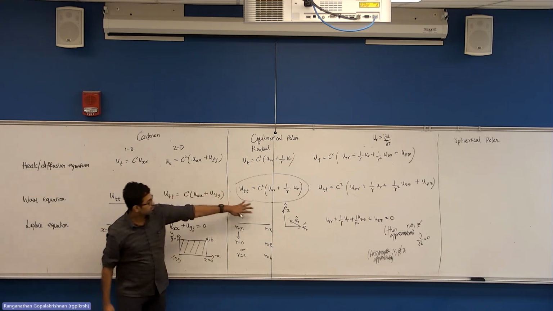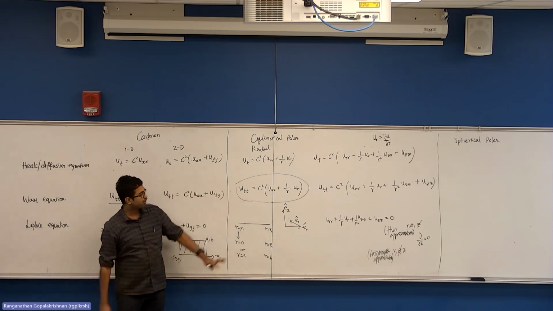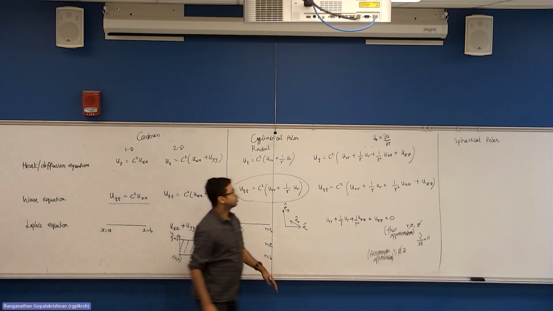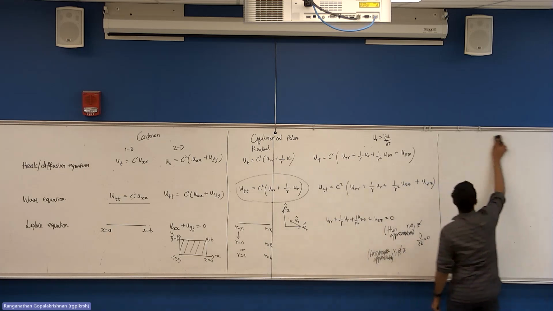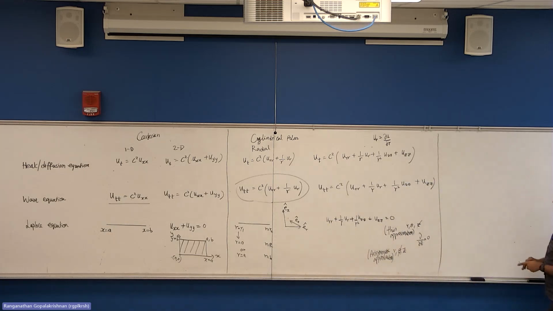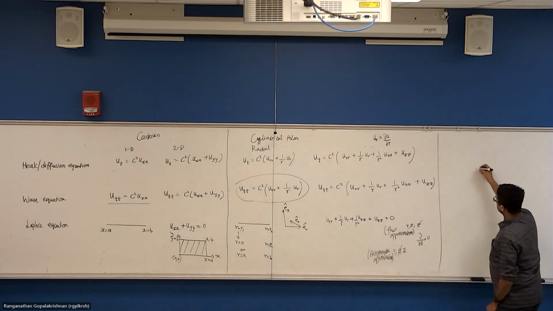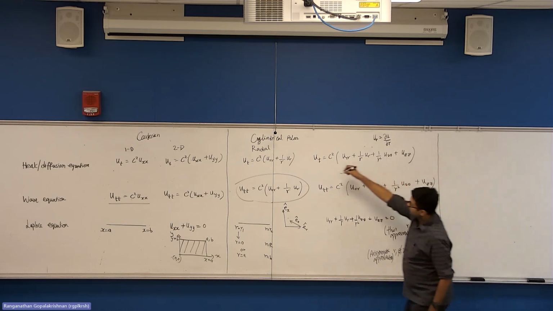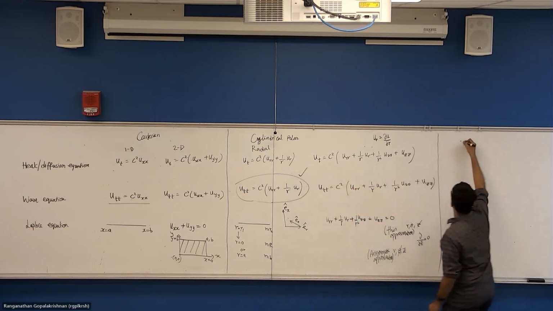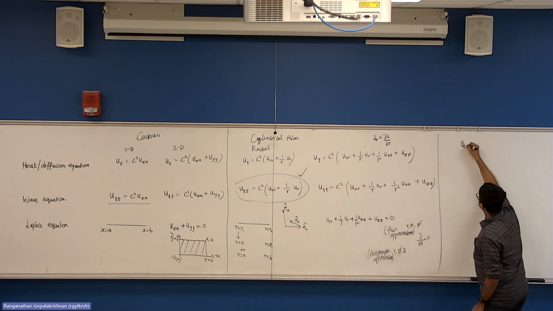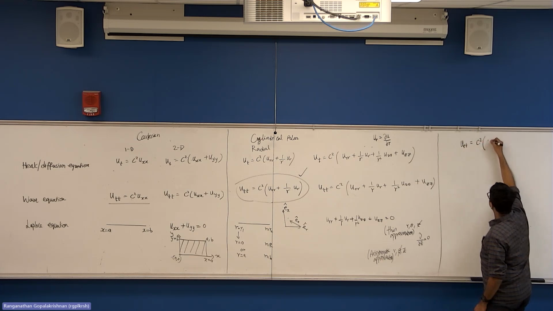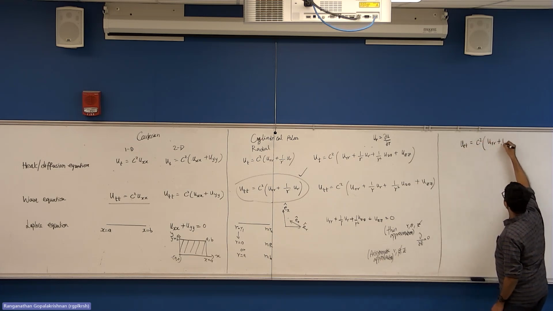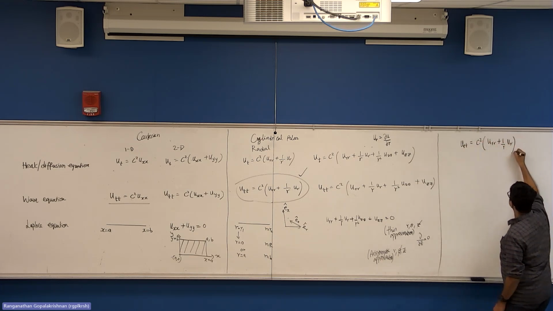While you do these problems, the first thing I want you to always do is to visualize the domain in which you are solving this equation. For example, if you are interested in, say, for example, this problem, U_tt equal to c squared (U_rr plus 1 over r U_r).